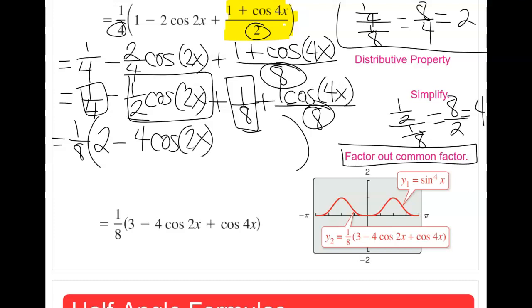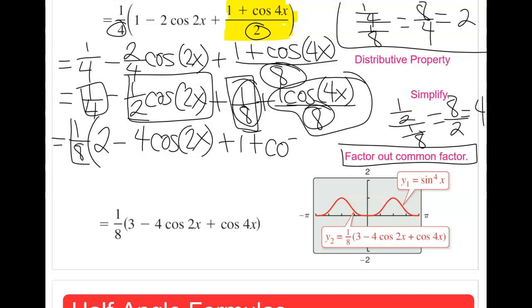And then finally, if we factor out 1/8, then we will have a plus 1. And the final term that we need to factor 1/8 from will be the one here. So if we take out the 1/8, we would still have the cosine of 4x.